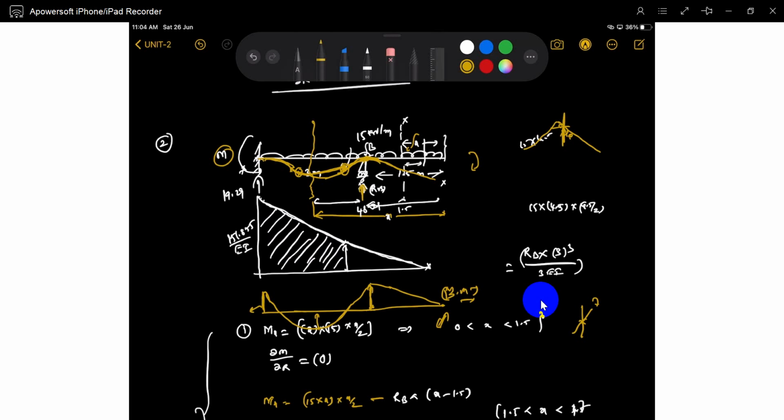Solve everything for understanding, and in the next class we will solve fixed beams. A fixed beam has two redundants.